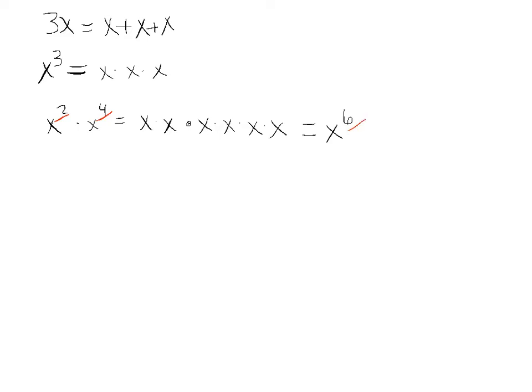If we did a more complicated example, a squared b times a b to the third, I could write my first part, a squared, so a times a, times b. If you can't see any exponent on that b, it means there's just one b represented.